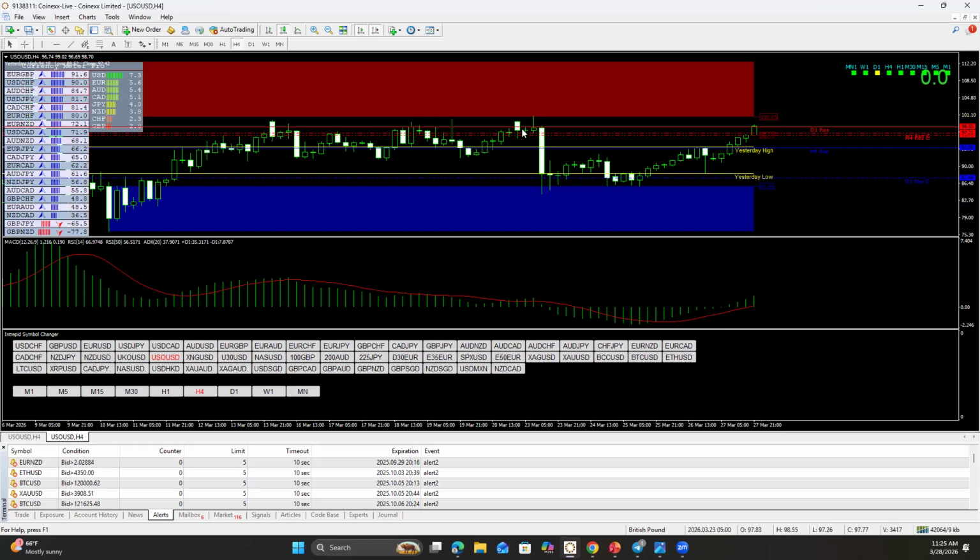Why? Because I want to give price some room, so that if it goes up here and comes back, I don't get caught in a false breakout.